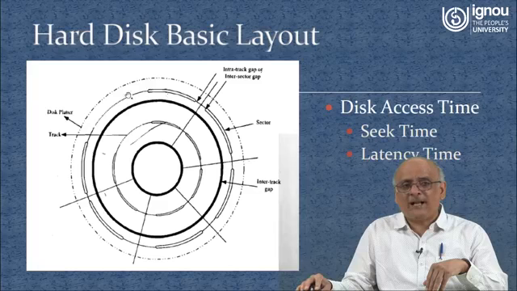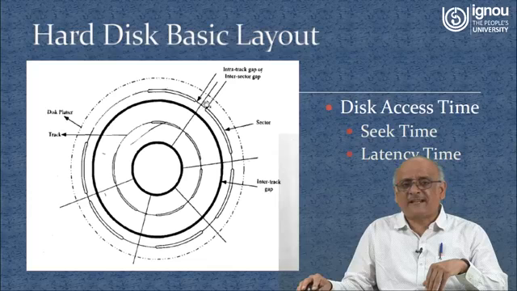There will be time taken to rotate the disk until it comes back over here and the disk head starts reading that sector. So first is the seek time to reach the necessary track, and then the latency. Latency is the rotational latency.